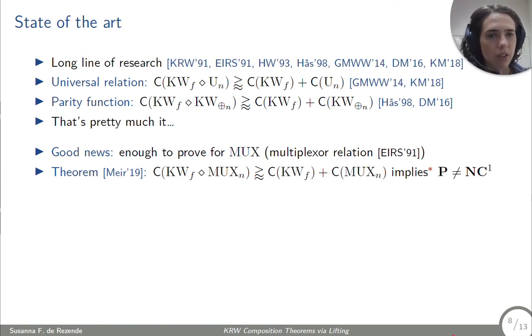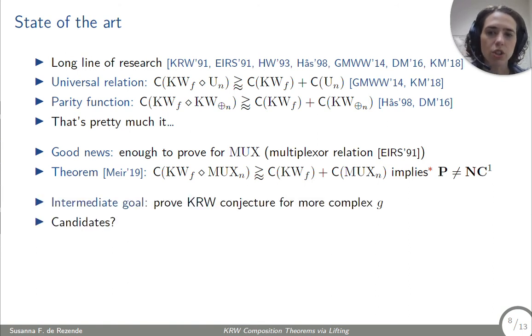An intermediate goal then is to show the KRW conjecture for more complex inner functions. As we mentioned before, here we reach an obstacle, which is that the way these results were shown is that we somehow need to understand the communication required for solving these problems very well. And there are not so many functions for which we understand the KW game well.